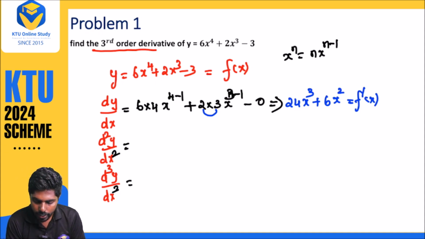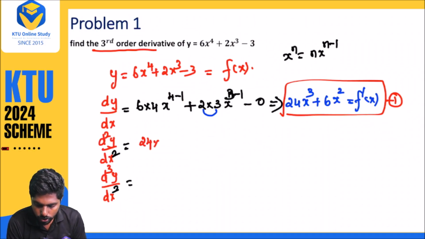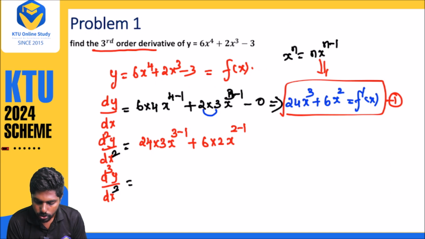Now we again want to differentiate. We want to differentiate equation 1. If you differentiate equation 1, the same formula is used: 24 into 3 x power 3 minus 1, plus 6 into 2 x power 2 minus 1. 24 into 3: 4 3s are 12, 2 3s are 6, so 72.